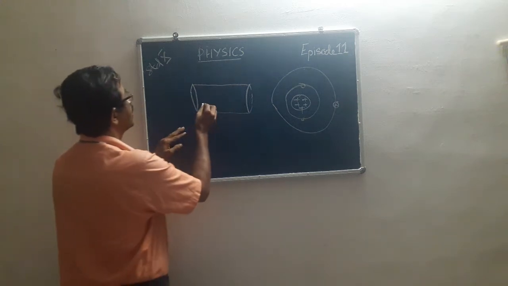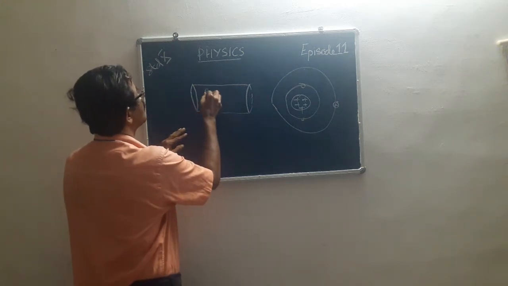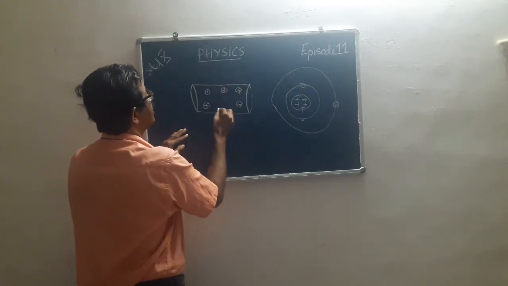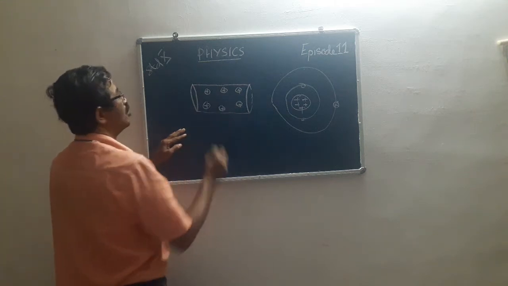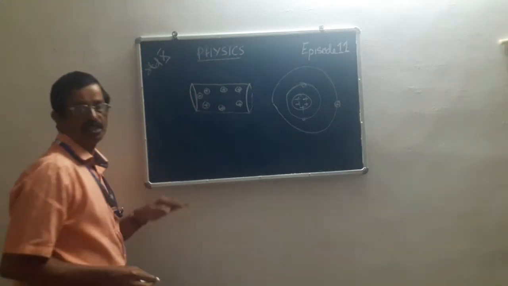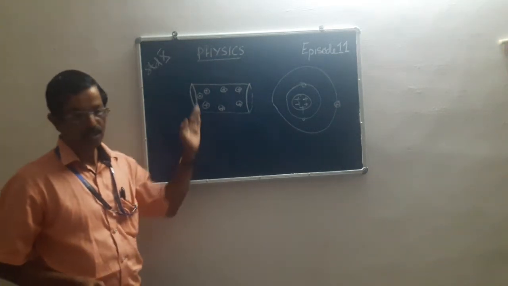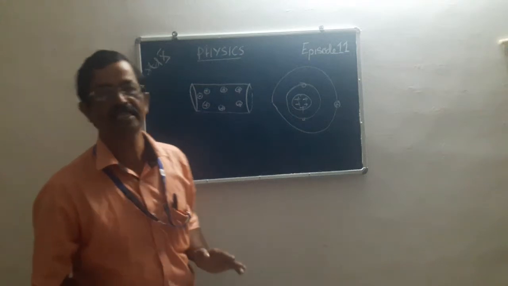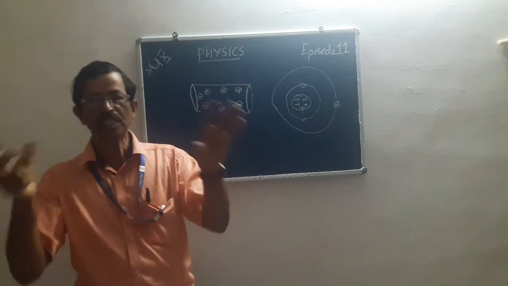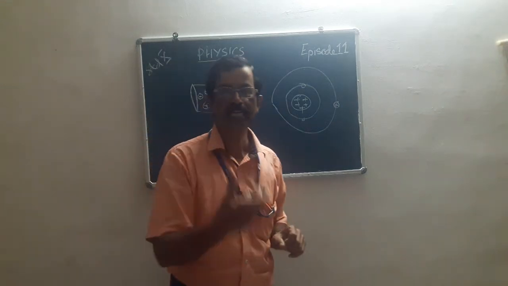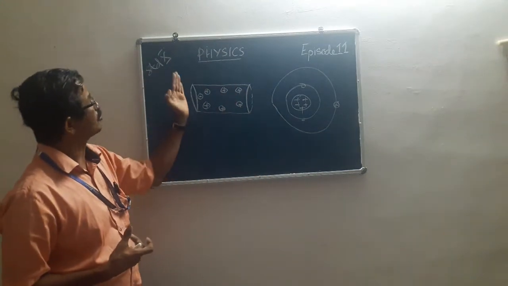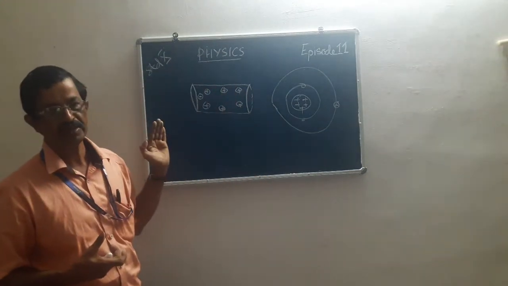But see, it contains a number of positively charged nuclei, and there are a number of electrons. Suppose we consider a metallic conductor or a copper wire that is not connected to an external source. Then the electrons do not possess any specified energy.